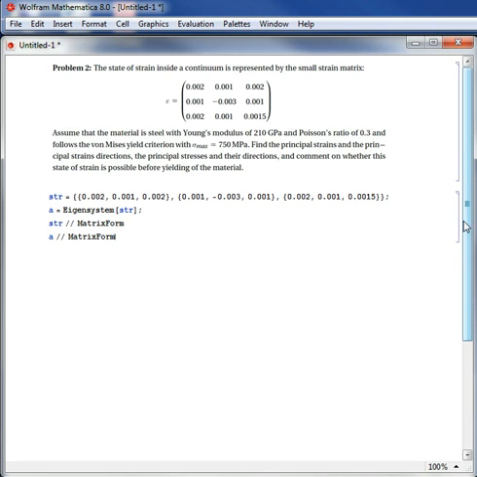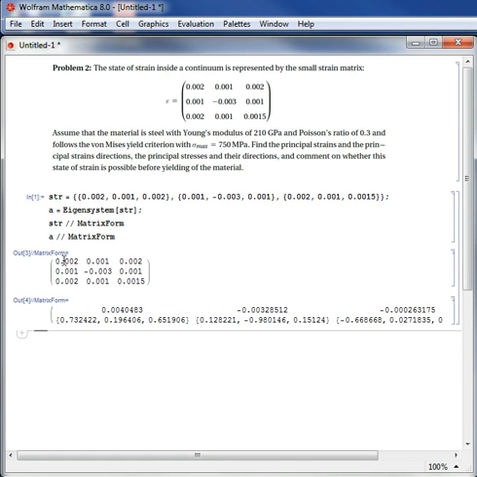Notice I'm writing everything in the same cell. Shift enter, and here is the answer. This is the matrix that I input. I just want to make sure that I used the correct numbers. True. And the eigensystem is made out of 3 eigenvalues and the corresponding eigenvectors. This is the first eigenvalue, the second eigenvalue, third eigenvalue, first eigenvector, second eigenvector, and third eigenvector.